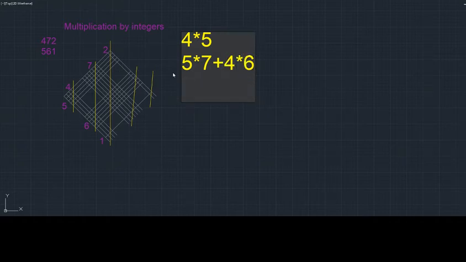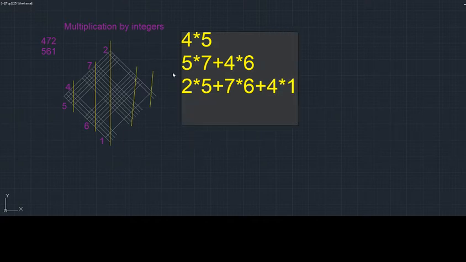In the third column, we have 2 times 5 plus 7 times 6 plus 4 times 1. In the fourth column, we have 2 times 6 plus 7 times 1.